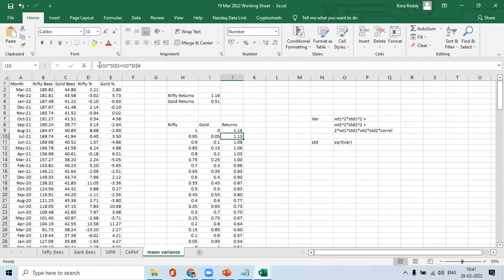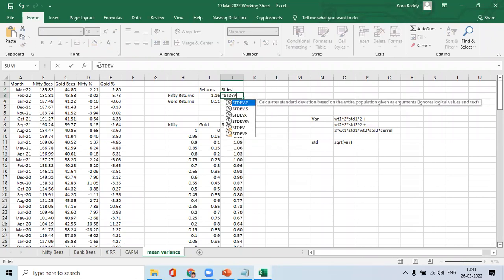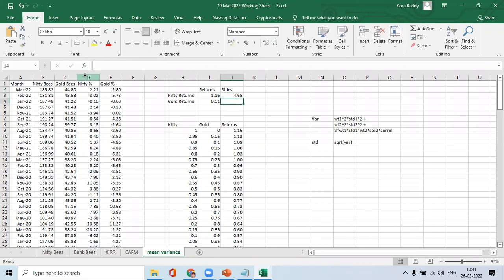Right, so now we have to calculate standard deviation. So these are your returns, and this is the standard deviation. The standard deviation of Nifty is this one, and the standard deviation of gold is more or less the same.